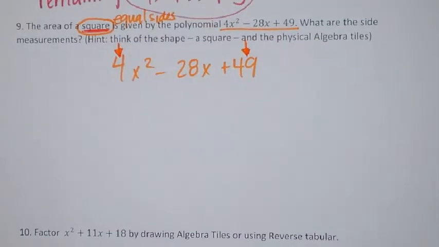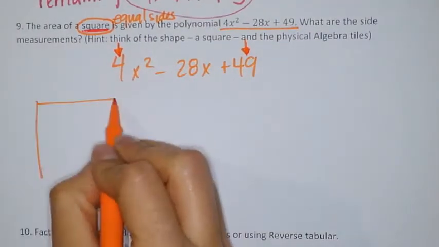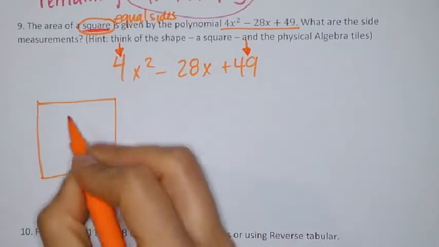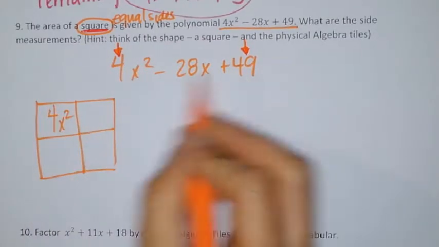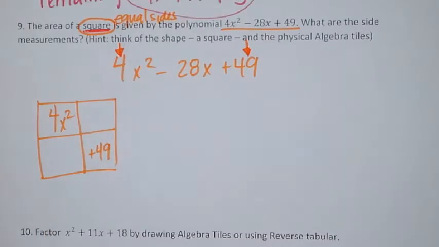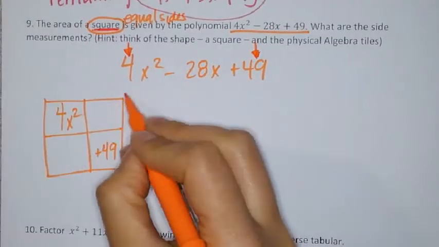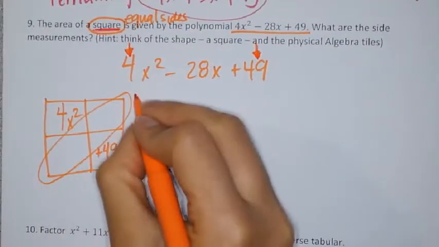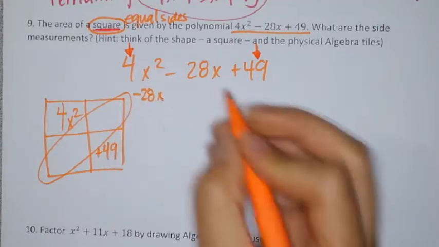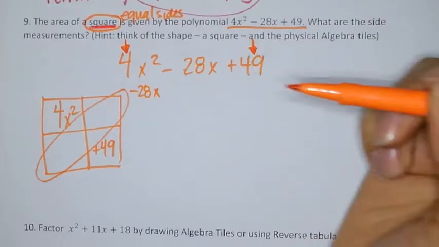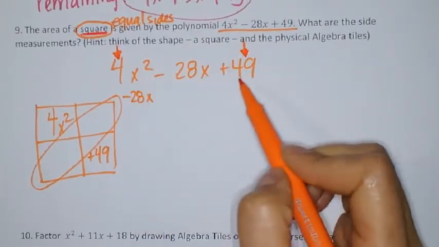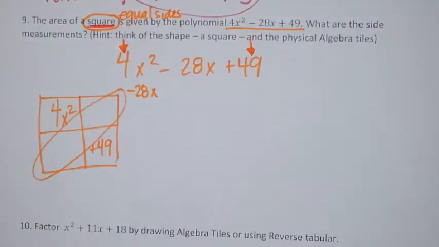Okay, so I know that we do the reverse here, tabular for factoring. So you would have 4x squared, your first term, and then your constant. And then you have to find the linear terms, and they need to add up to negative 28x. I know that we did AC that adds up to B, but AC here, 4 times 49, will give us a huge number.